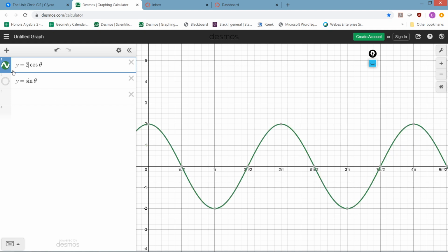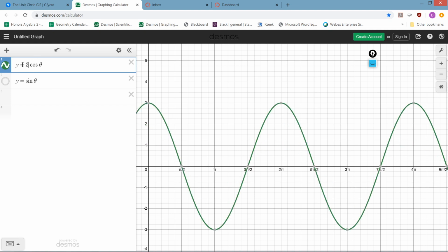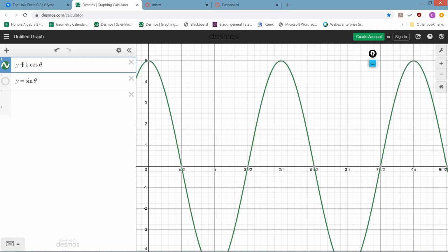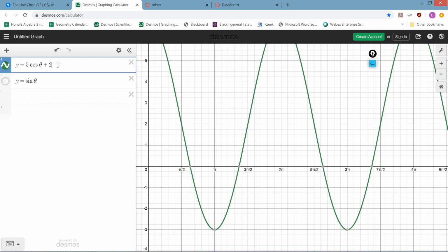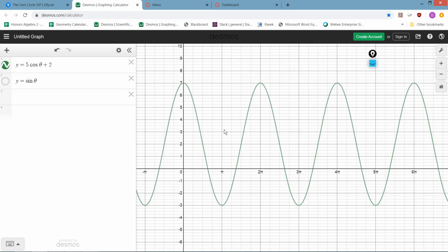And notice that when I make it y equals 2 cosine theta, my peaks are now at 2 instead of at 1. So I can change this to anything, 3, 4, 5, whatever number is in front of cosine becomes our amplitude. And it doesn't matter if I add 2 to this or something like that. That doesn't affect that at all.